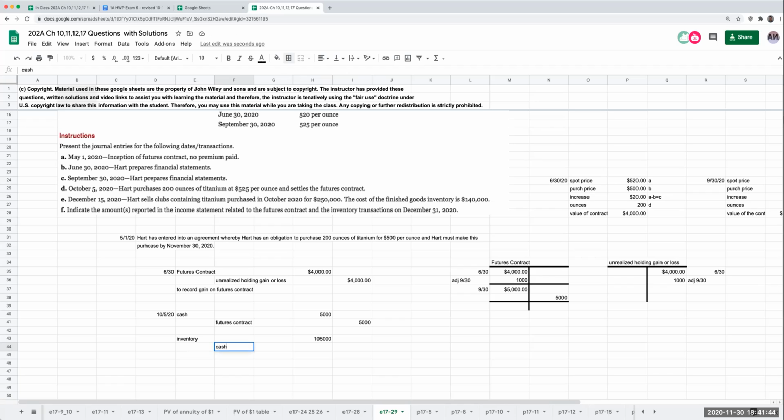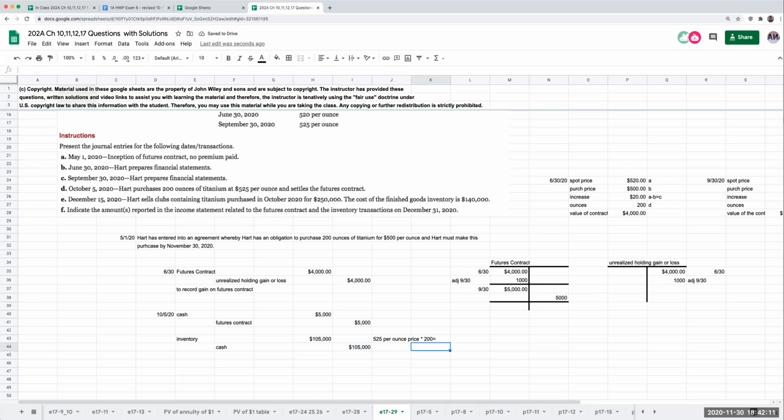Then I'm going to be crediting cash for that amount, which is the per ounce price of 525 times 200 ounces, or $105,000. Okay, now you might be saying to yourself, wait a second, what's happening here?